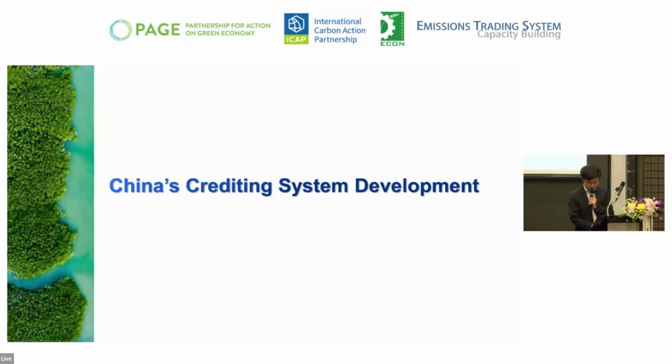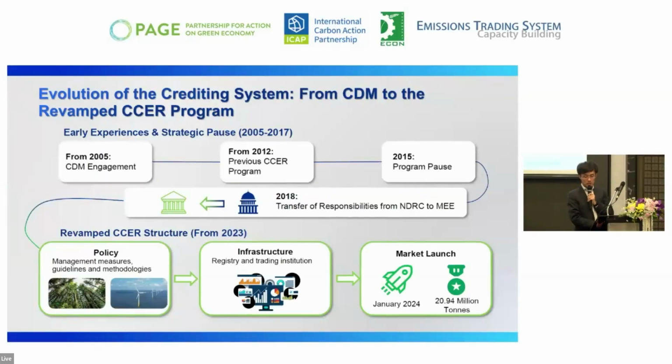And let's see another track, the crediting system. Really simple. Like I said, from 2005 it was the CDM phase, and it gradually became the current CCER because of reform under the Paris Agreement and the need to increase more ambitious domestic emission reductions other than those covered by the ETS.